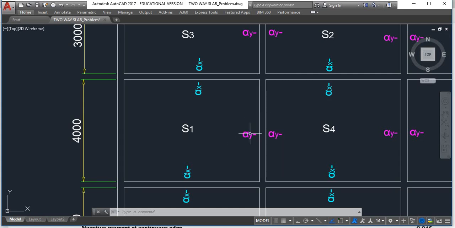Therefore, it will have alpha y negative coefficients oriented along Ly. From this orientation you can understand this particular edge is bending in hogging manner. So if you provide reinforcement along this direction, it will arrest that particular tension which is occurring at top.